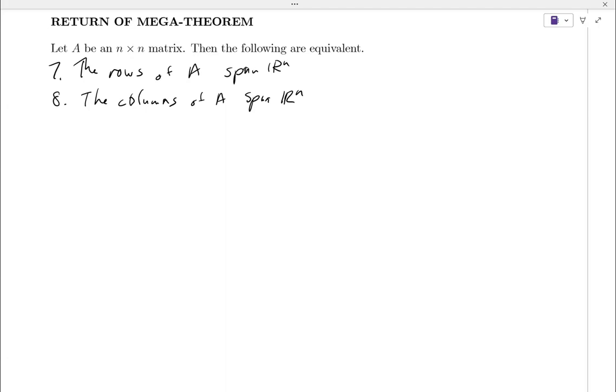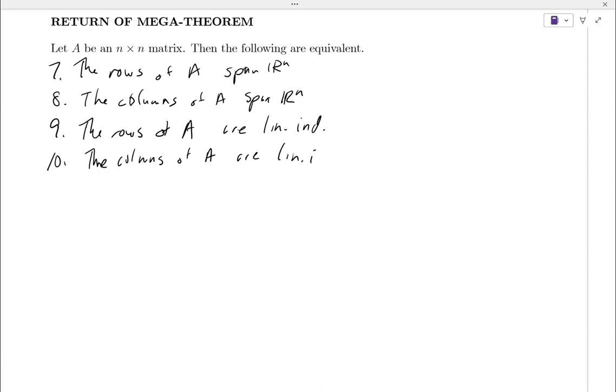linear independence, right? So 9 is the rows of A are linearly independent. Number 10, the columns of A are linearly independent. Well, if you put linear independence and span together, what kind of thing do you get?